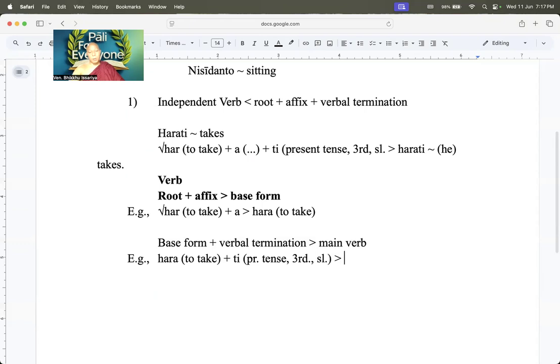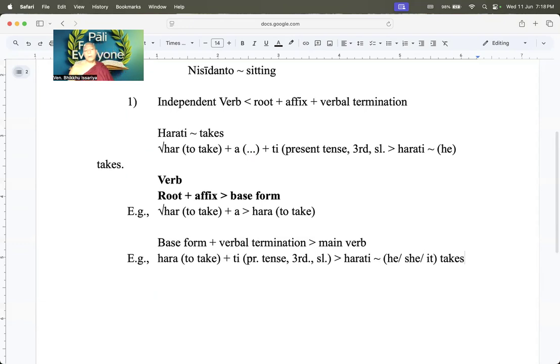Now we get harati. So because of that, even though the subject is not directly found in the Pāḷi word, he, or she, or it takes, in this way can be understood.